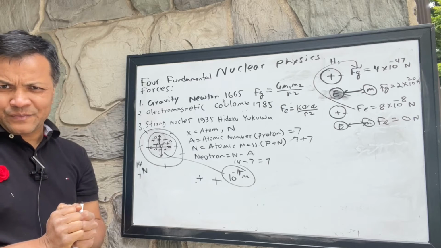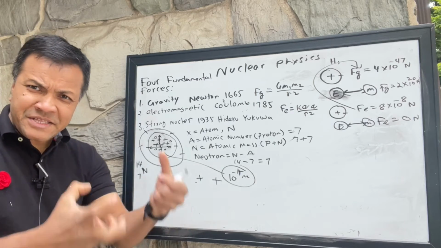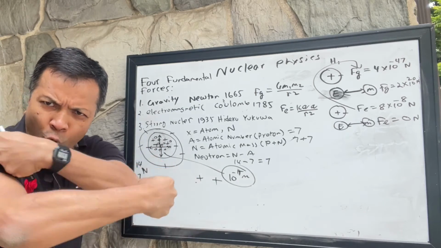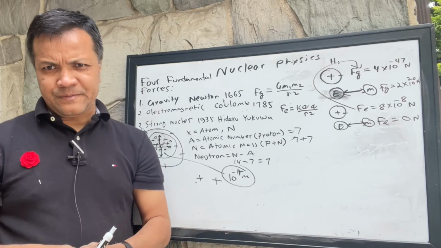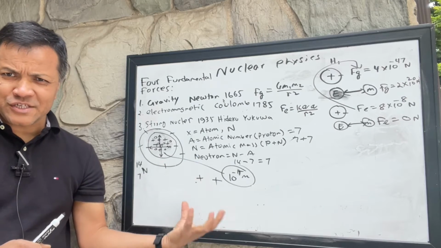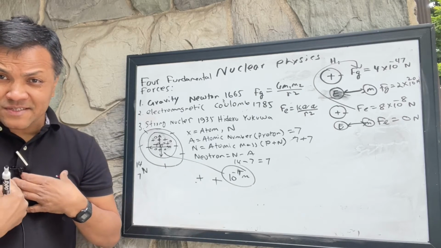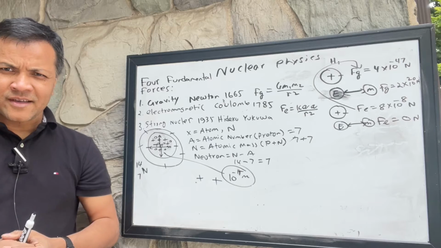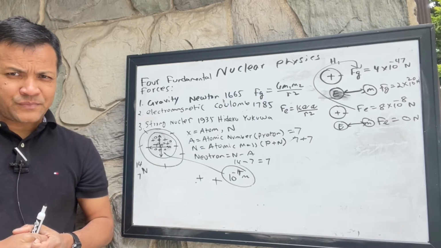Electrostatic force. This is why the strong nuclear force holds the protons together. This is why the nucleus is stable. This is why the atom is stable. This is why I am stable, and this is why you are stable for that matter.